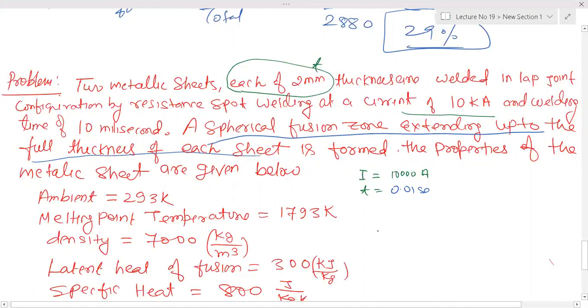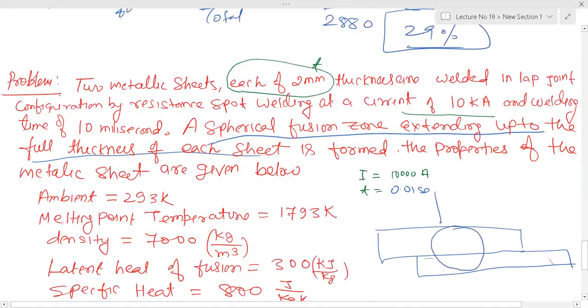It means it is like this. This is the weld nugget, and this is your spherical shape.